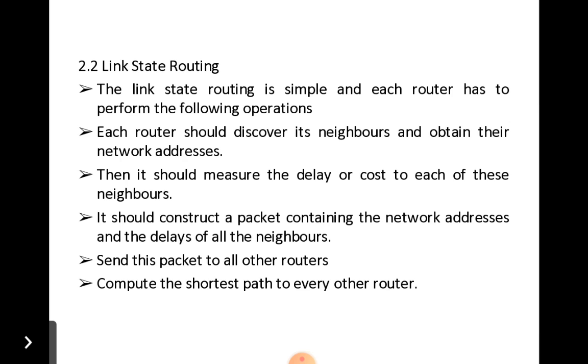Link state routing sends this packet to all other routers and computes the shortest path to every other router. The similarity between both algorithms, distance vector and link state routing, is that they always follow the shortest path between every node or router.